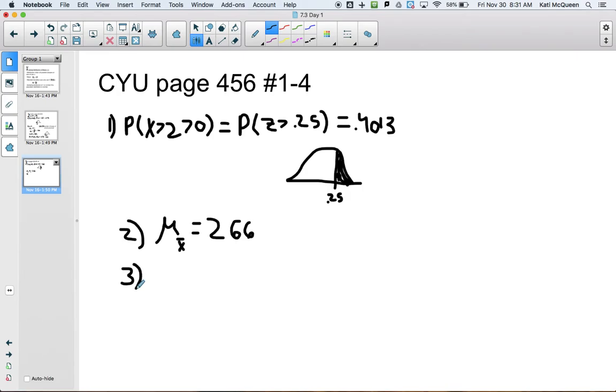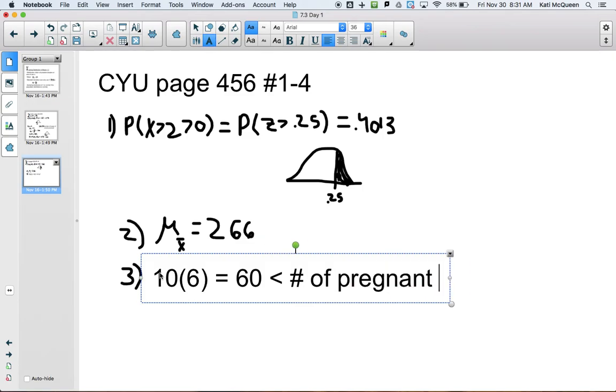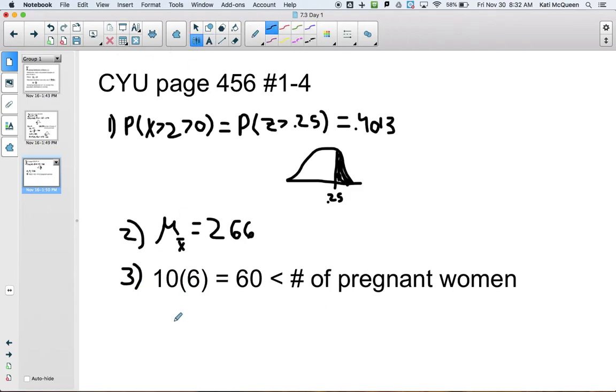So what I would want to look at first would be that 10 times my sample size, which is 6, equals 60, of course, is less than my population, which is the number of pregnant women. Okay, so that means we're okay to go ahead and calculate that standard deviation.